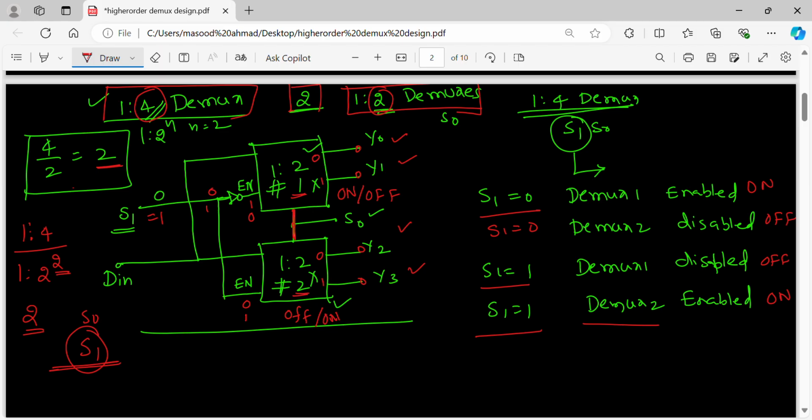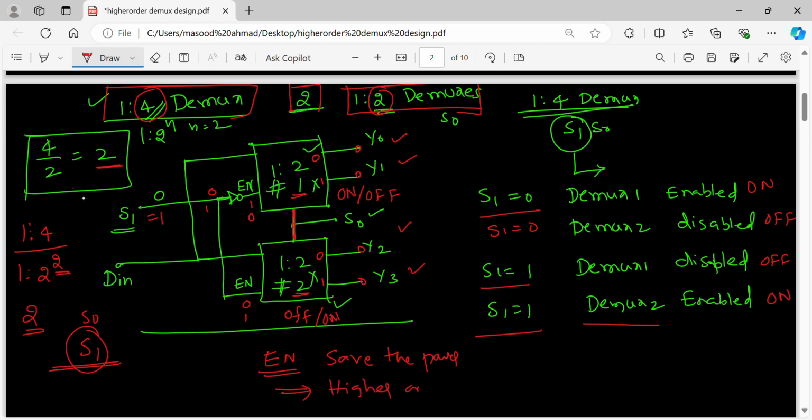So this is how S1 is used to select any one of the demultiplexers through the enable pins. In simple words, the enable pin is going to save power in one way. The other way is to build higher order demultiplexers.